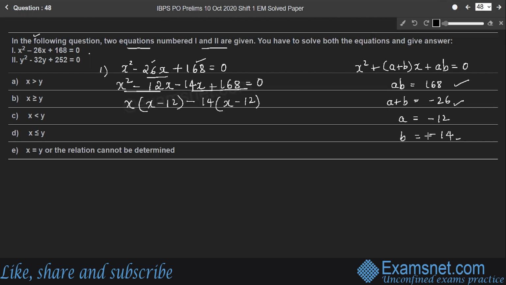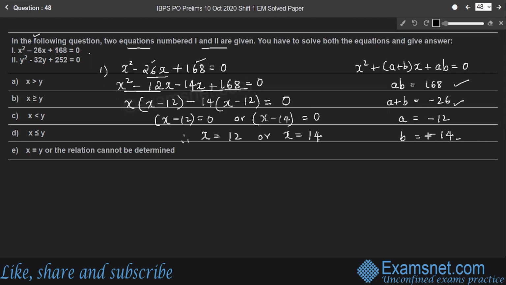Right? Therefore, x minus 12 is equal to 0 or x minus 14 is equal to 0. Therefore, we have two values for x, 12 or x is equal to 14.